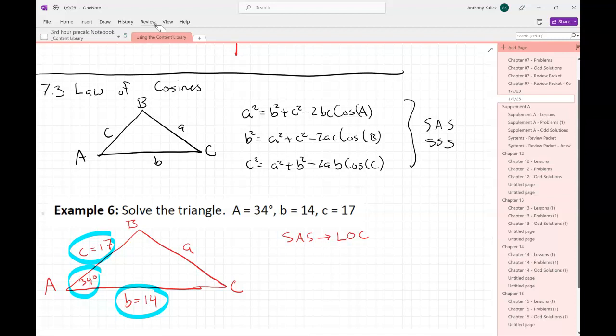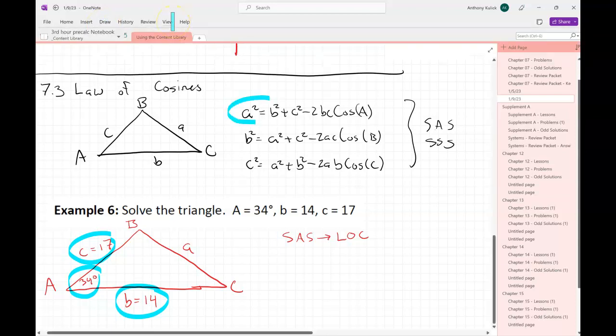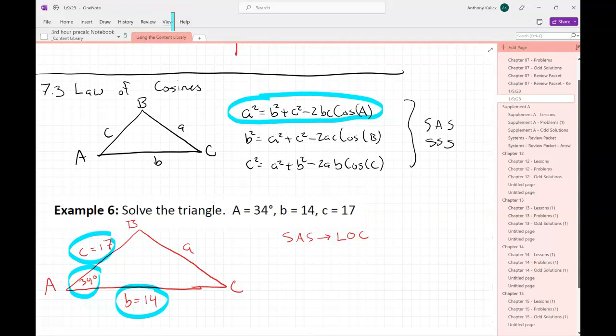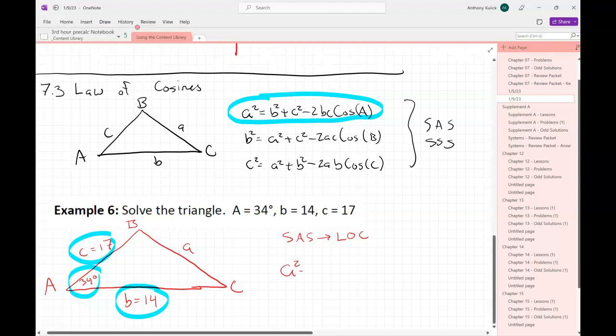So if I'm given angle A, side B, and side C, I know that's the formula I need.